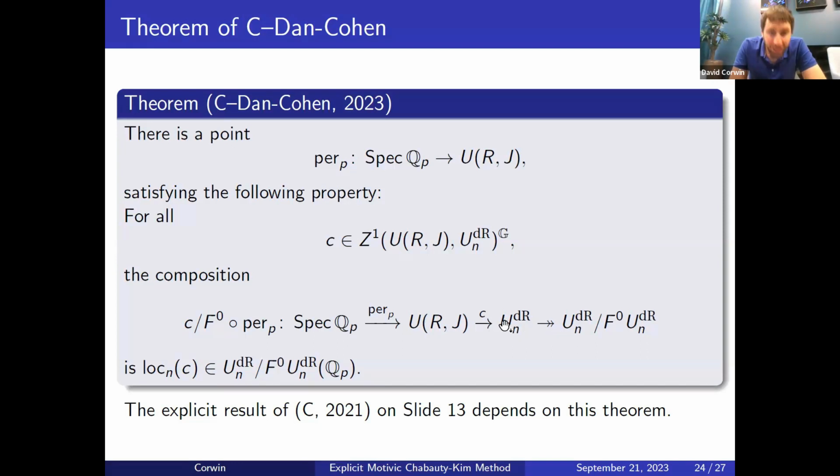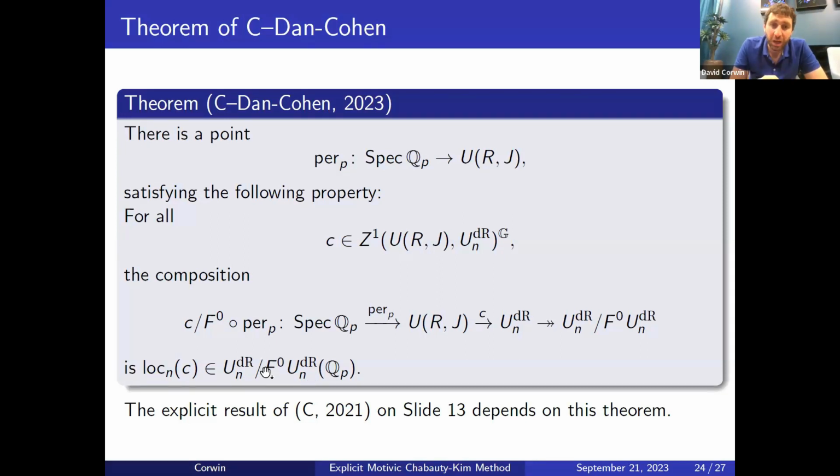Then we apply projection from UN to UN mod F^0. Altogether, we get a map from Spec Q_p to UN mod F^0 UN. That is known as a Q_p point of UN mod F^0 UN.